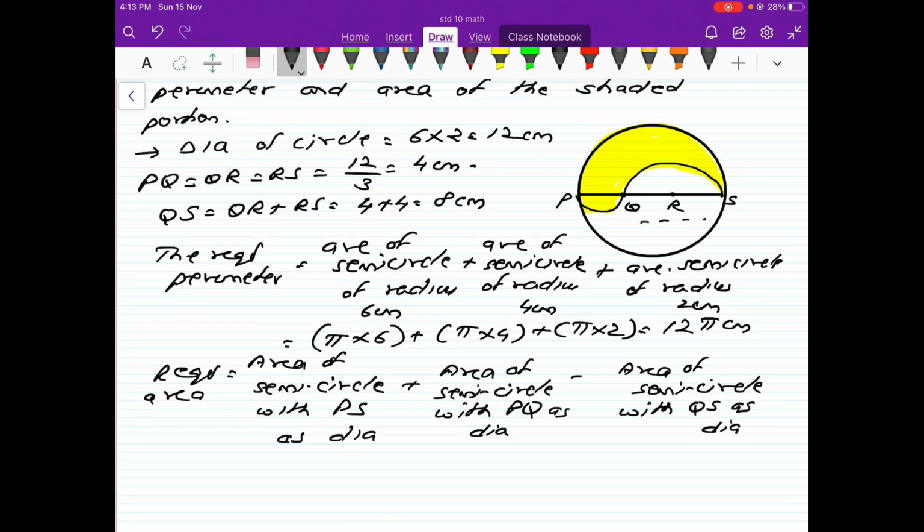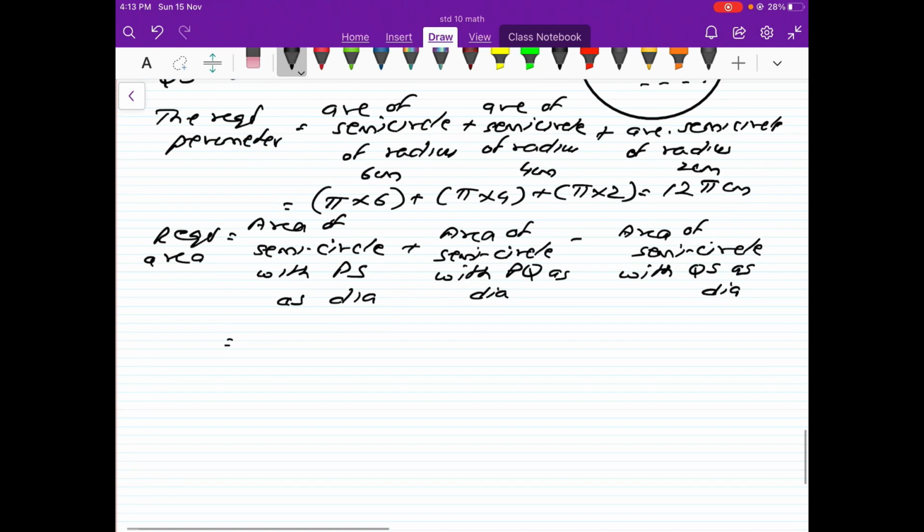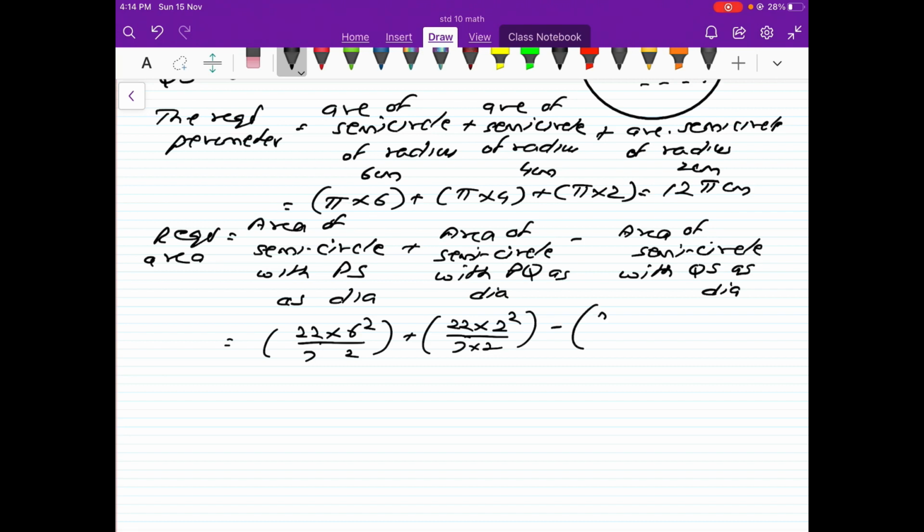So we'll just put in the values. The area of a semicircle is always pi r square by 2, so this will be pi r square by 2 plus again pi r square by 2 minus again pi r square by 2.